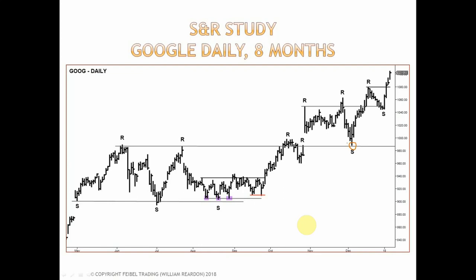This is a Wyckoffian setup, which we will go through. It's called the backup to the edge of the creek. So we push up through this resistance level, and then we come back down to test before we rally up, before markup, just to make sure there's no more supply. Good question. We will go through springs in depth.